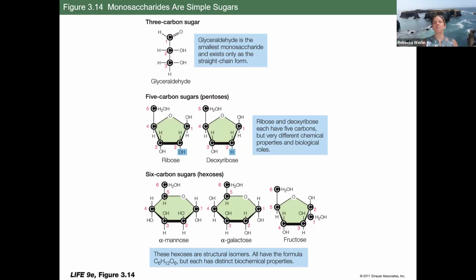Immune reaction to mannose, no reaction to galactose. Very, very different structures to our cells with very, very different functions. One indicates infection and response. The other one, yeah, we don't care. It's a sugar. So structure determines function in molecular biology and in microbiology.